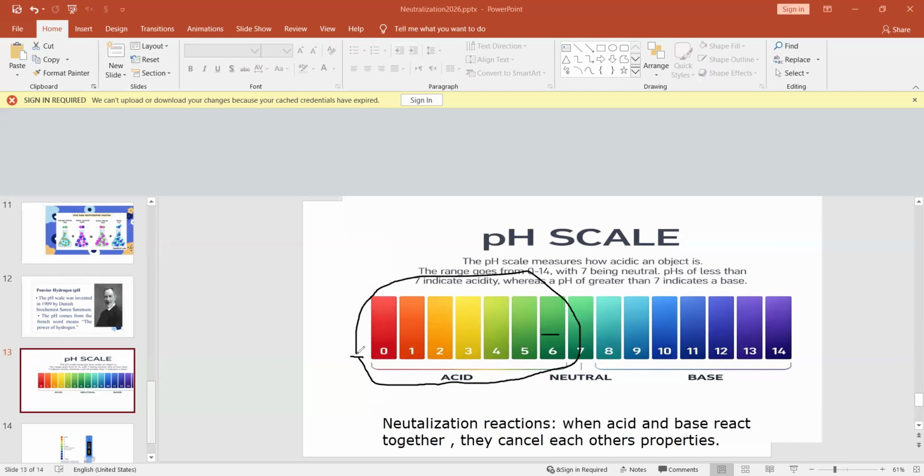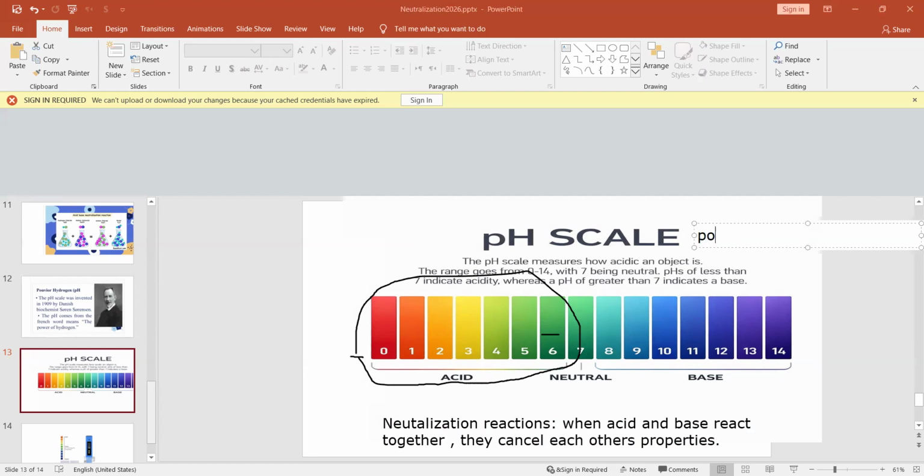The pH scale is the scale which indicates briefly the acidity and basicity or alkalinity of a substance, and the range starts from 0 to 14. Also, do you know there's another name for the pH scale? We also call it the power of hydrogen.